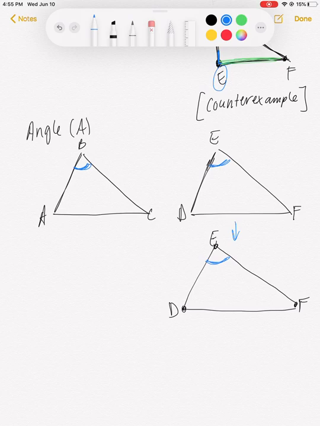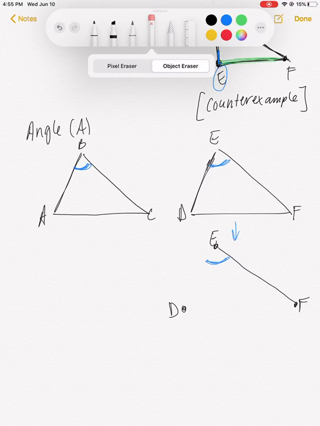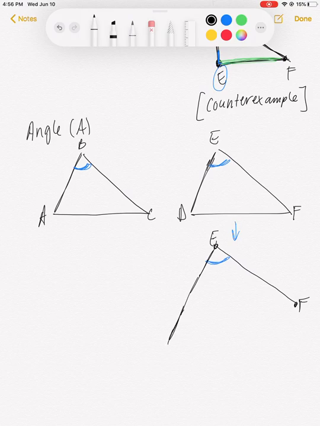I can open up angle F. I can extend ED. Let's go ahead and do that. Oops, eraser. Now the angle E still has to stay the same. So D's no longer going to be there. Let's make ED longer. Put D down here. Open up angle F.